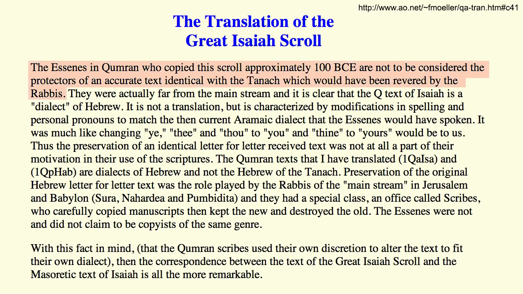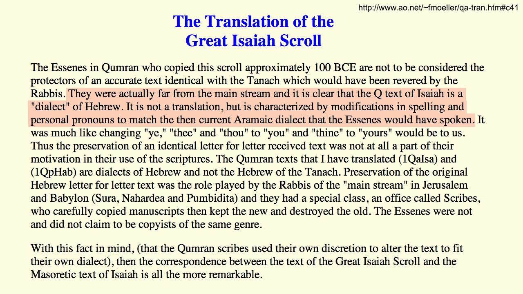It says, the Essenes at Qumran, who copied this scroll approximately 100 BCE, are not to be considered the protectors of an accurate text identical with the Tanakh, which would have been revered by the rabbis.